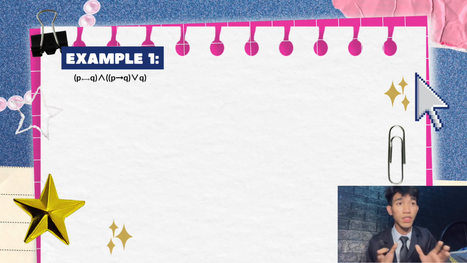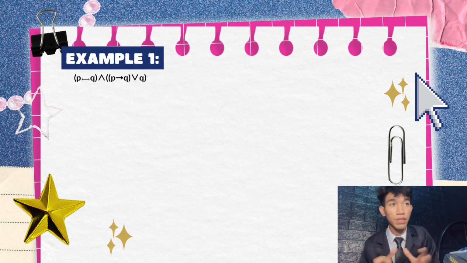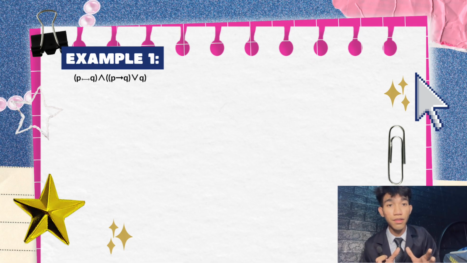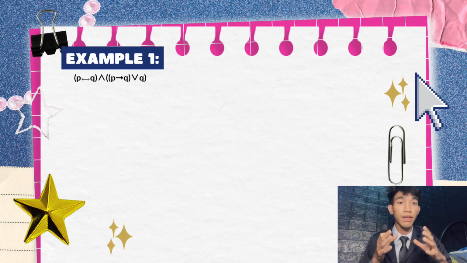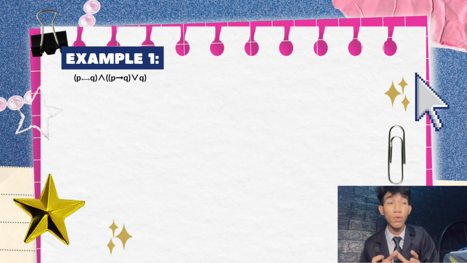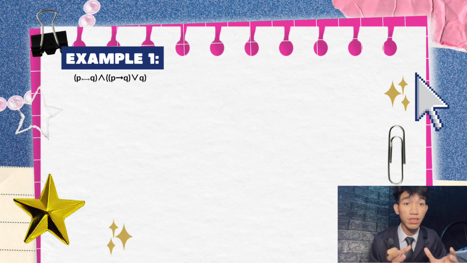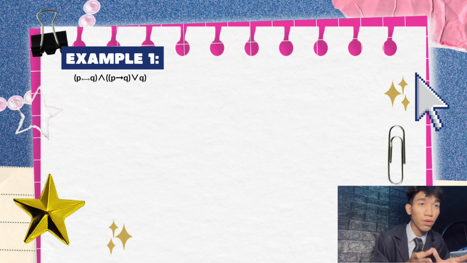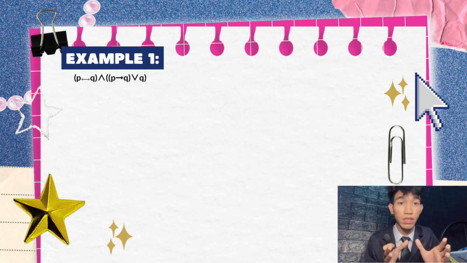For example 1, which is P double implies Q and P implies Q or Q, to solve this kind of question, we can start with the definition of biconditional. As you can see here, we have P double implies Q, which is P implies Q and Q implies P. That's why we use the definition of biconditional to separate them. And then we use the commutative law, which is we can change their positions.